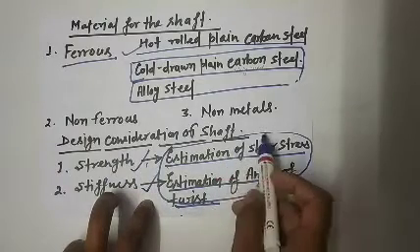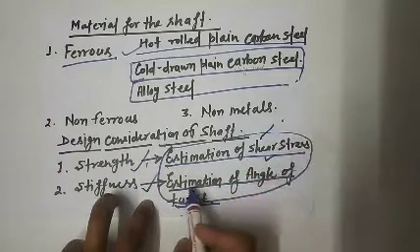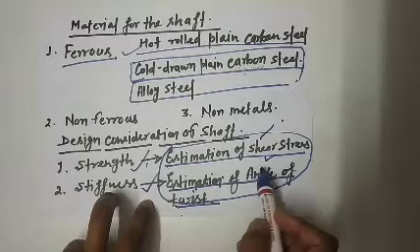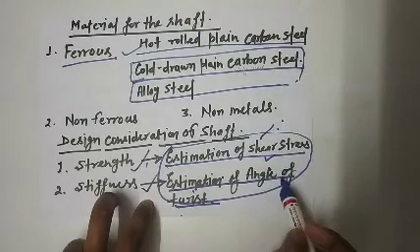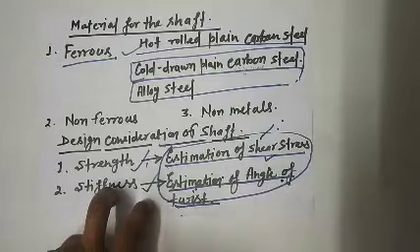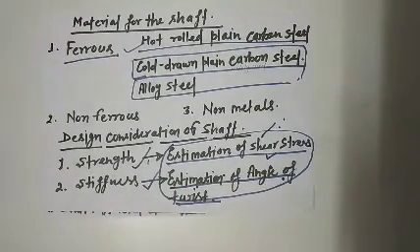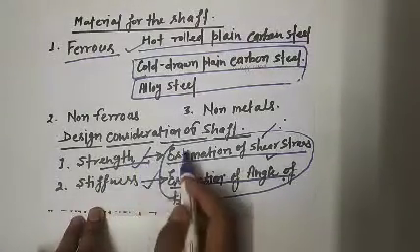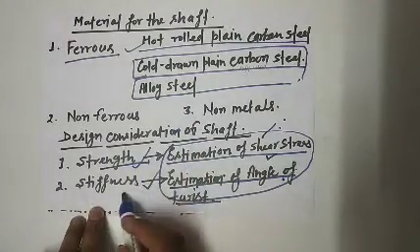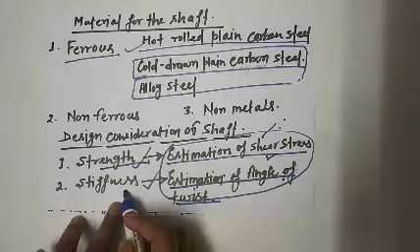During this analysis we will develop a strength equation, and during this analysis we will develop a stiffness equation, and the combination of these strength and stiffness equations is known as the torsion equation, right? So this is the main objective of this unit. And in this lecture we will cover strength analysis of shaft and stiffness analysis of shaft.